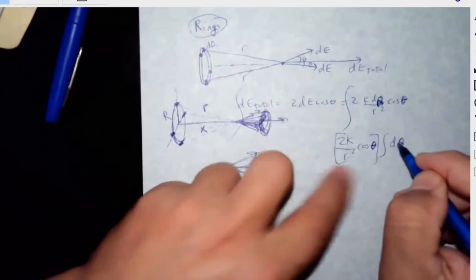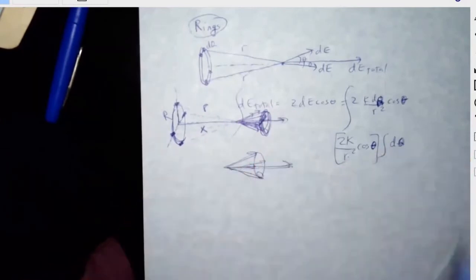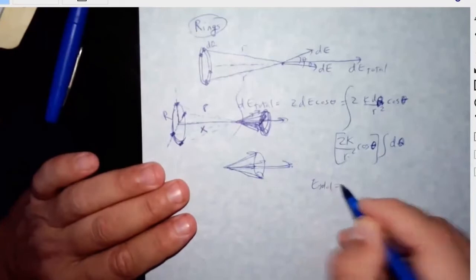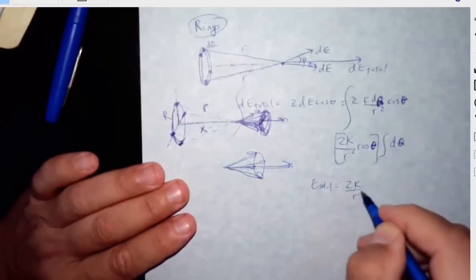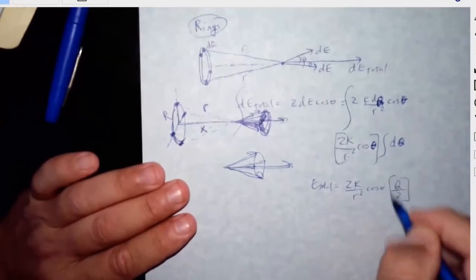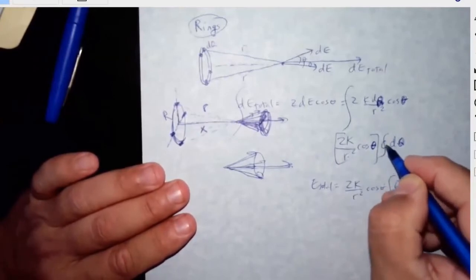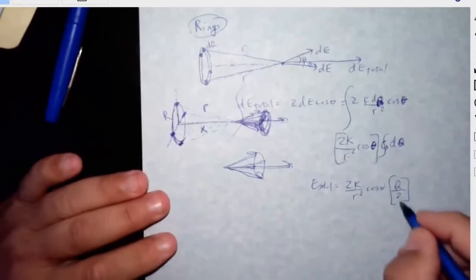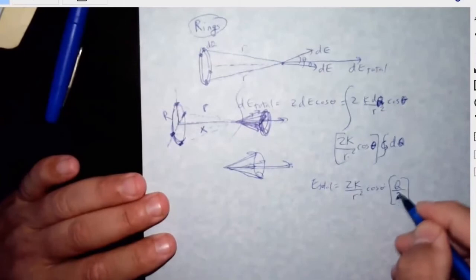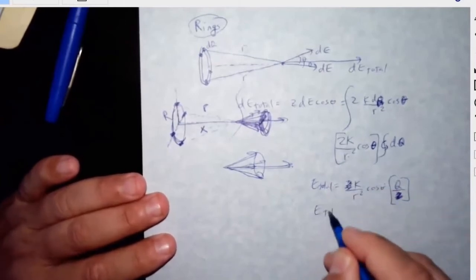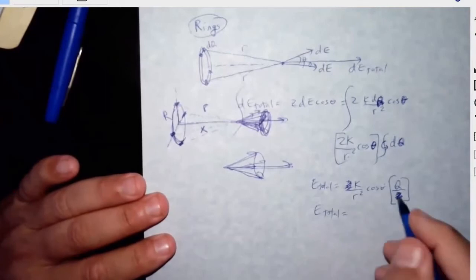So the integral of dq just becomes Q over 2. See, I'm integrating over half the ring. Then this 2 and this 2 cancel. Okay, this is the electric field of a ring.